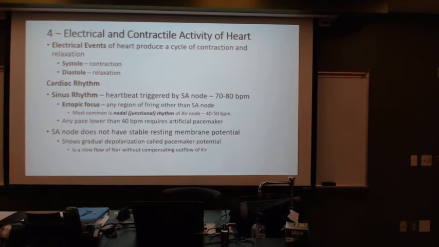That one is the most common, and it's termed nodal rhythm. It affects the function of the heart because under the norm, the SA node, you should be probably between 65, 75 beats per minute. If you have to depend on the AV node setting the pace, you've almost cut it in half.